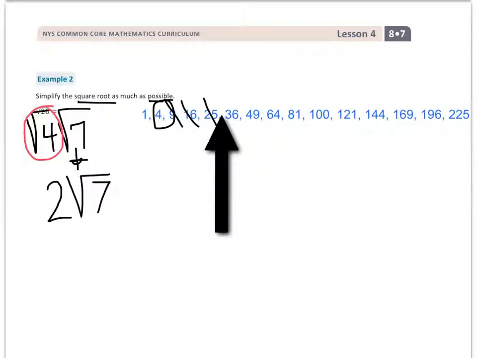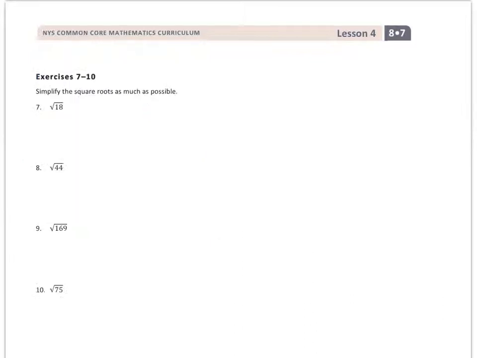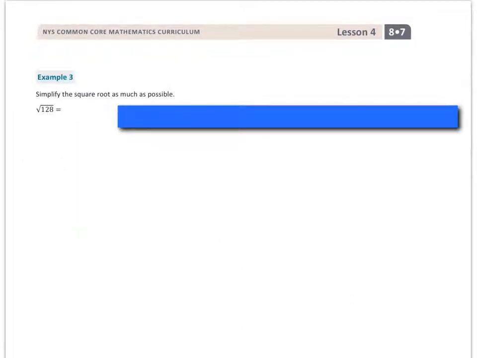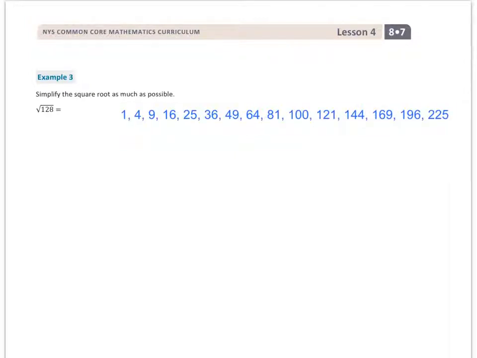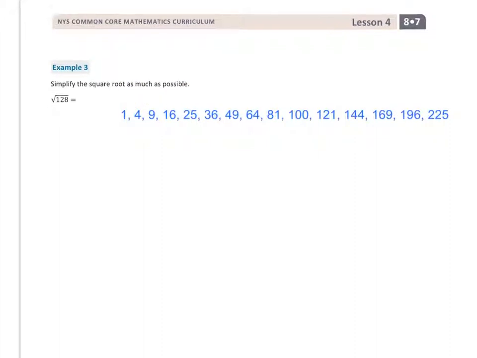Now go ahead, we're going to skip a few pages. Take a look where you can find example 3. Okay, so now I have the square root of 128. Notice that my number got a lot larger. So I do have my list here of all my perfect squares. However, I know right away 128 divided by 4, 4 times 32 gives me 128.